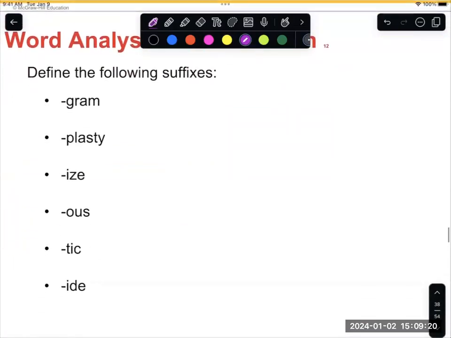Now let's look at our suffixes. Gram means to record, so angiogram.